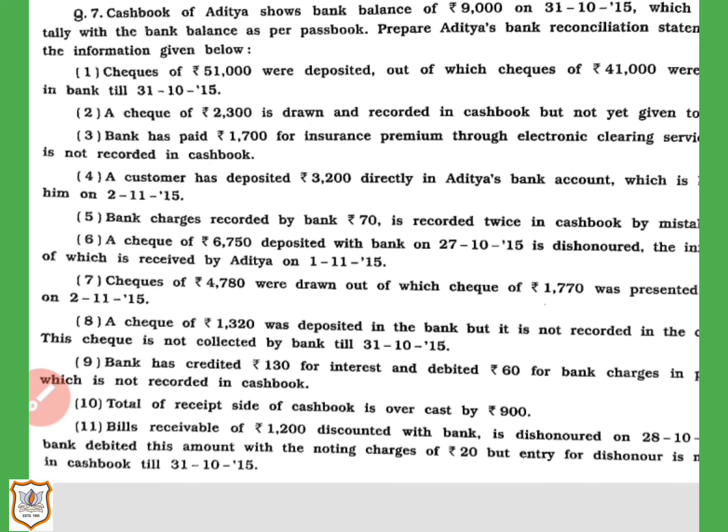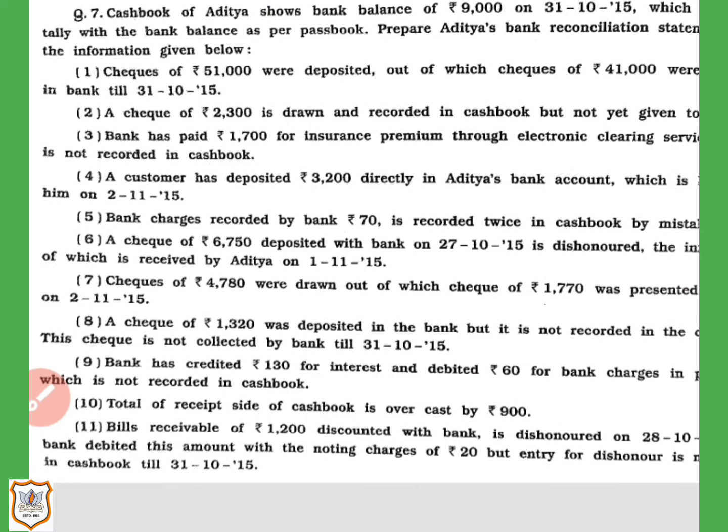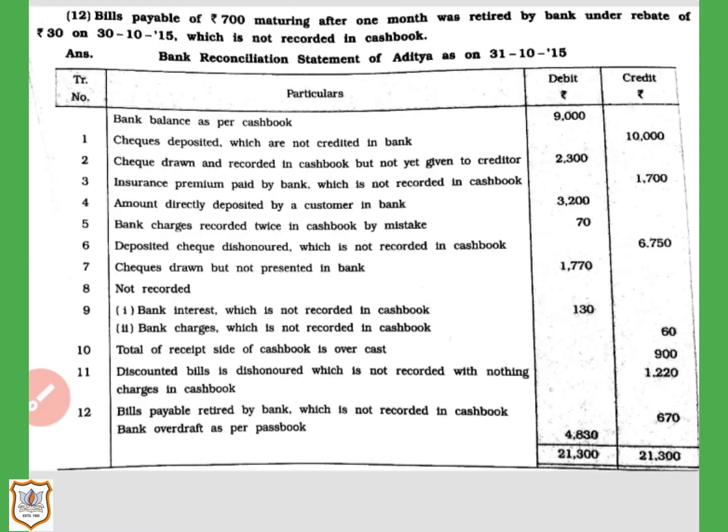Therefore, to rectify the mistake, the total of the receipt side or debit side is to be decreased. Therefore, we will write the transaction in the credit column of the bank reconciliation statement. Here it is, total of receipt side of cash book is overcast, amount is rupees 900.